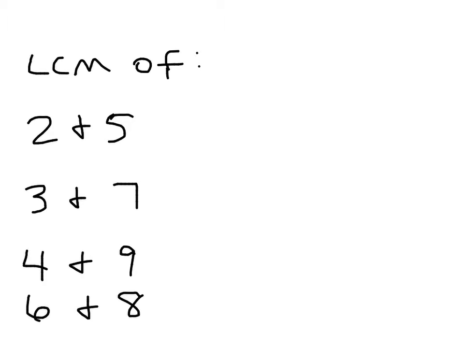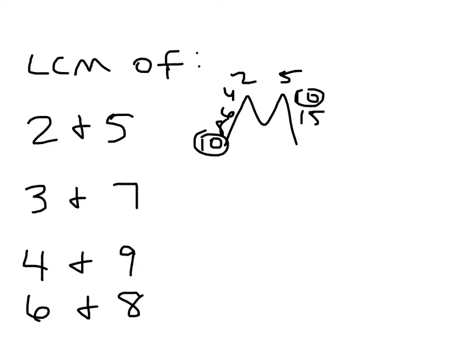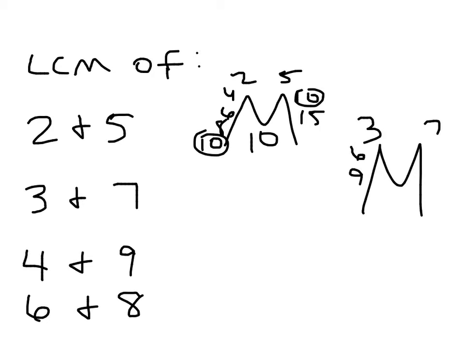Alright, so the answers I'm going to go through real quick because you already did them. So 2, 4, 6, 8, 10, and 5, 10. The LCM of 2 and 5 is 10. 3 and 7, 3, 6, 9, 12, 15, 18, 21, and 7, 14, 21.